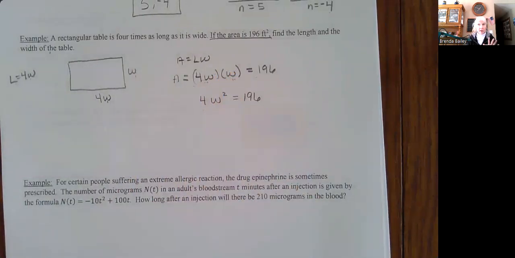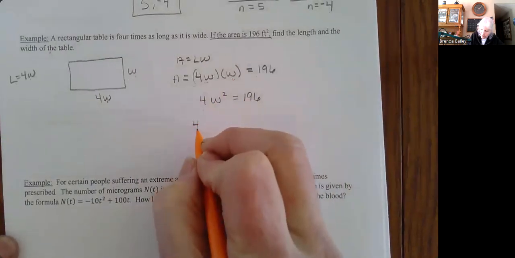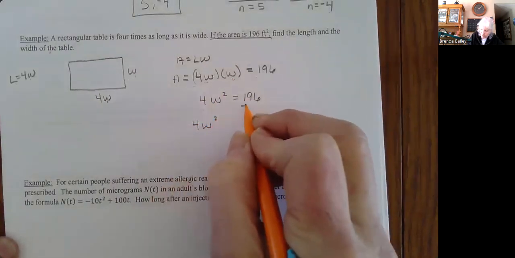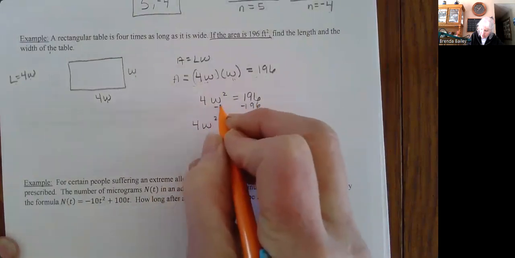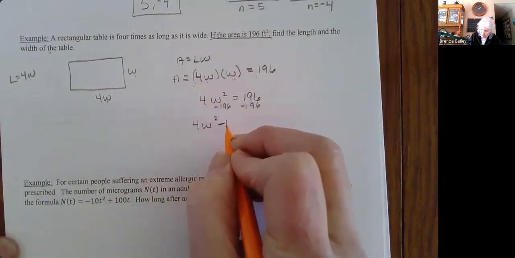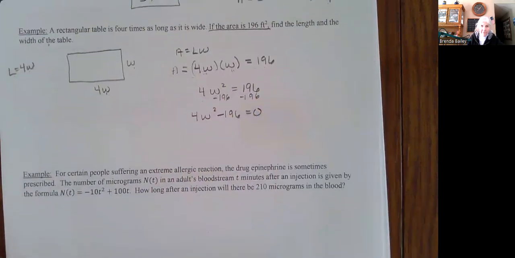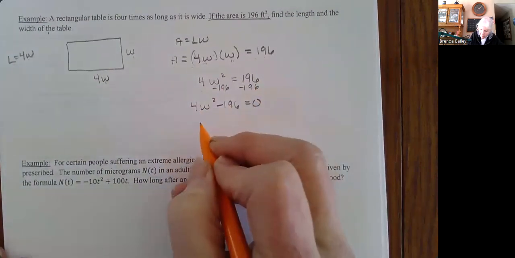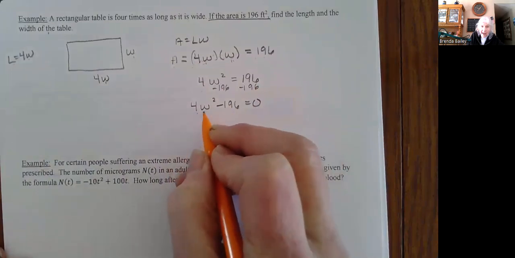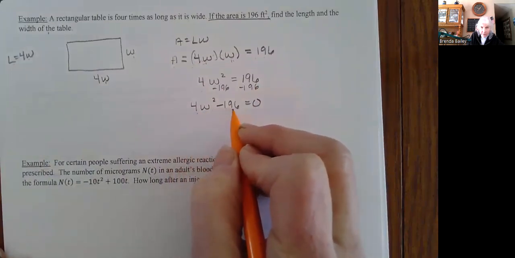Now, there are other ways of solving this, which we're going to talk about in chapter 10. But for right now, we're going to set it equal to 0 and follow the process that we've learned. If you know another method, that's fine. 4W squared minus 196 equals 0. Factor out a 4. Look for the greatest common factor here.